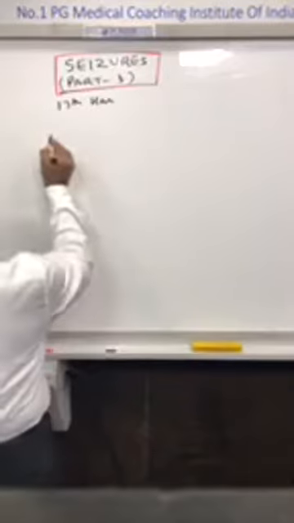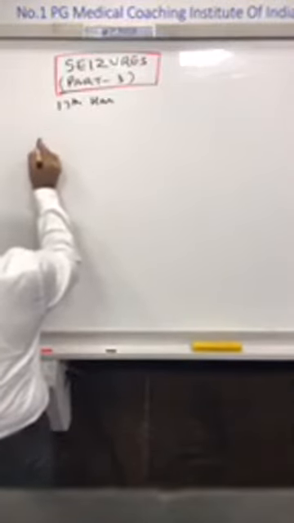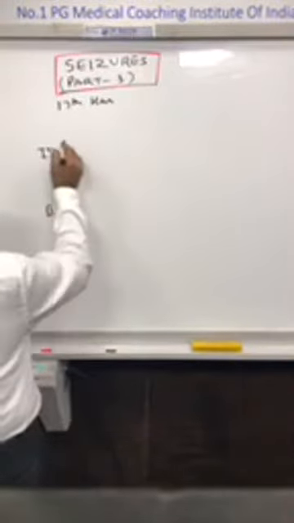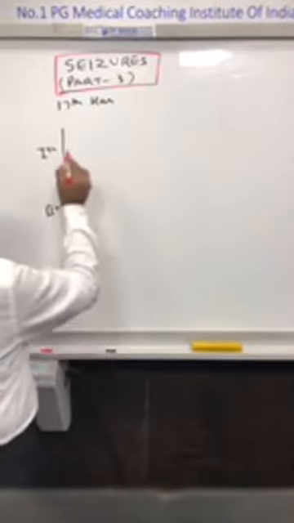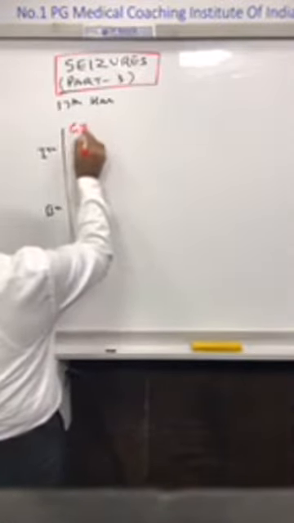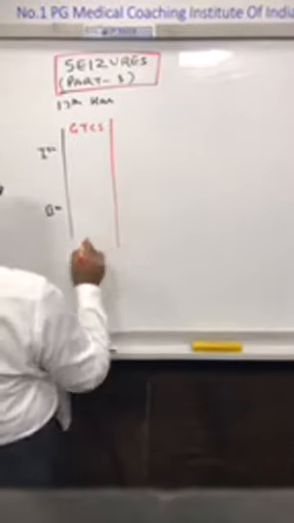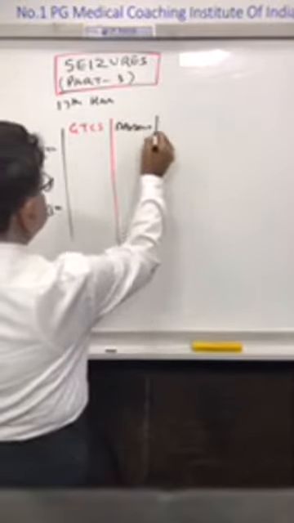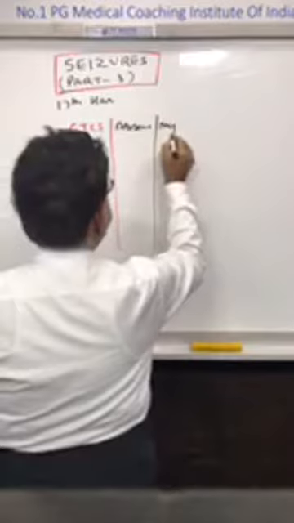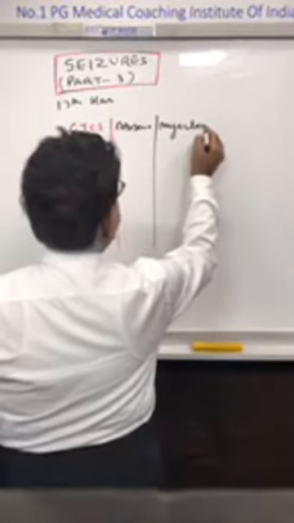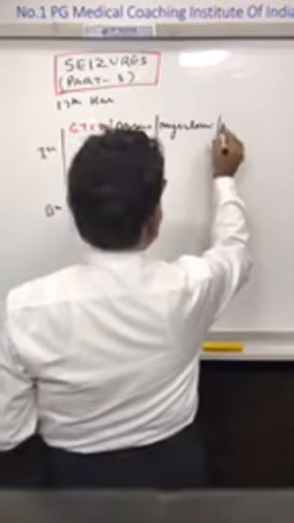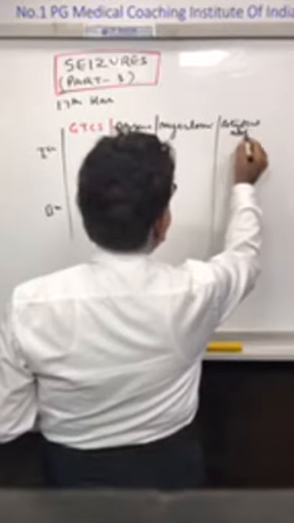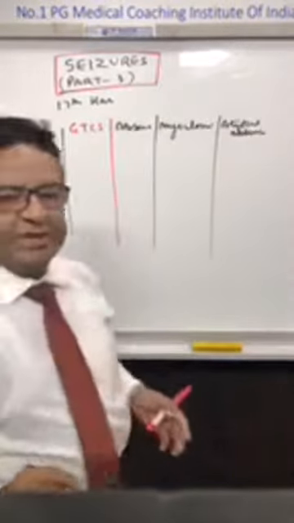So in the 17th edition of Harrison, there was a table with first line treatment and second line treatment. The types of seizure were generalized tonic-clonic seizures, absence seizures, myoclonic seizures, then atypical absence, and various other types of seizures.